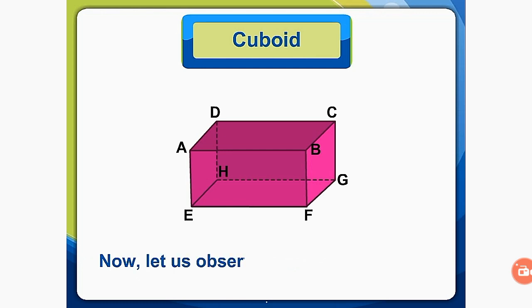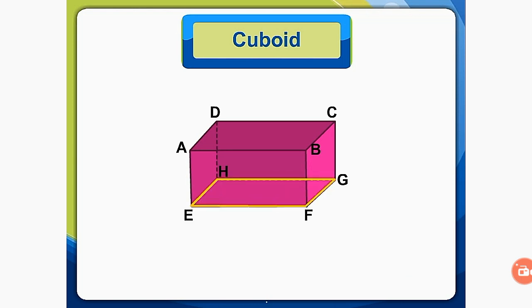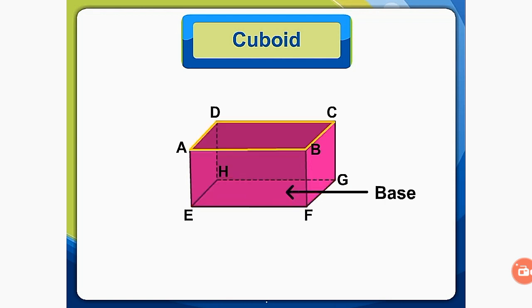And now let us observe the lateral faces of the cuboid. Lateral faces is a new word for you. So what is the meaning of lateral faces? You can see here EFGH is the bottom face of this cuboid, and ABCD is the top face of the cuboid.